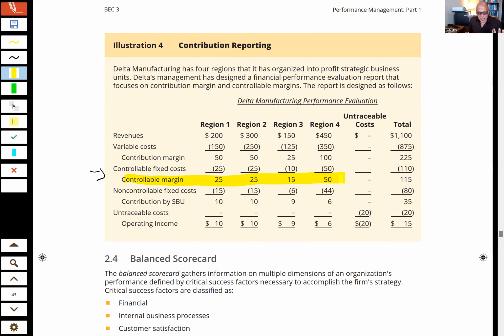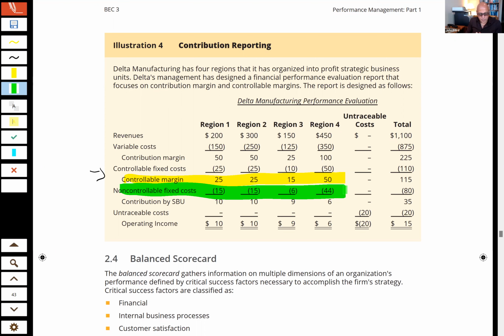Then they arbitrarily would allocate somehow the non-controllable cost to the various regions, and it makes region 4 look like a dog, when in fact region 4 is contributing more to the uncontrollable cost than any other region. So that's why you would not want to allocate the non-controllable cost. You can come up with a distortion like that.